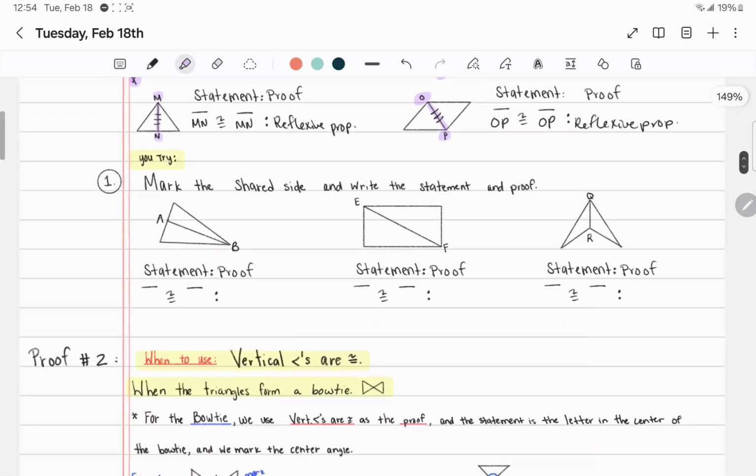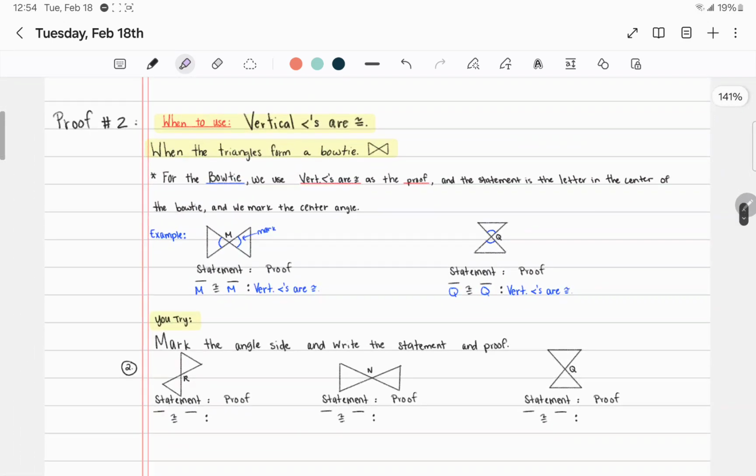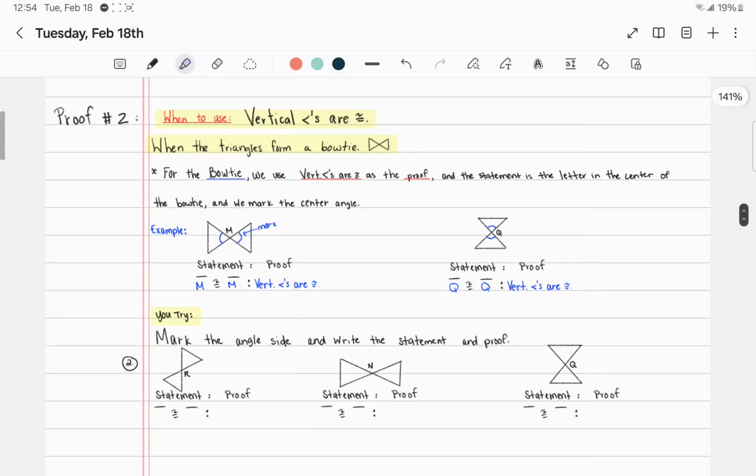Okay, moving on. Vertical angles are congruent. We're only doing 2 rules today. When to use vertical angles are congruent: that's what this reads. When the triangles form a bow tie.